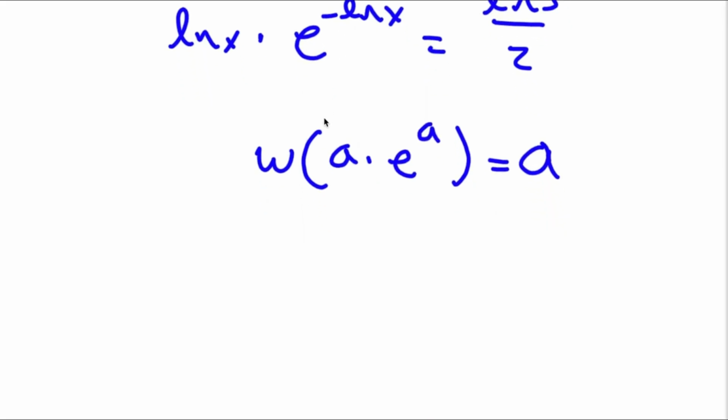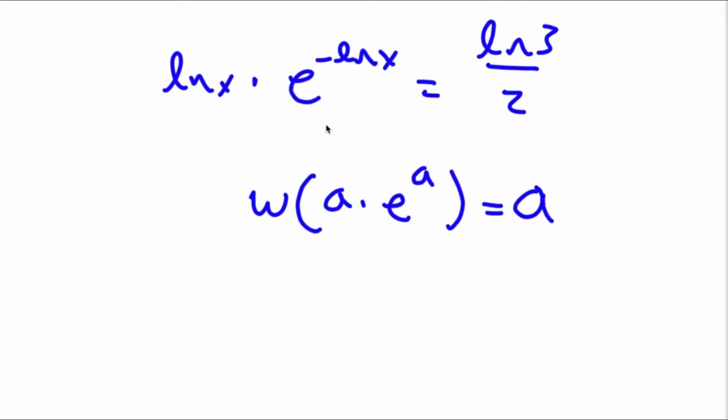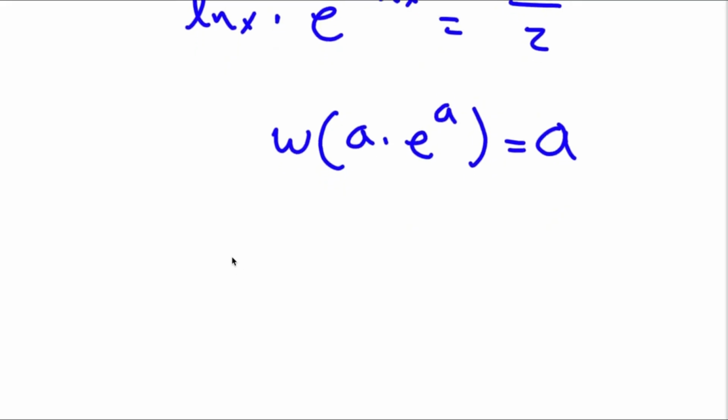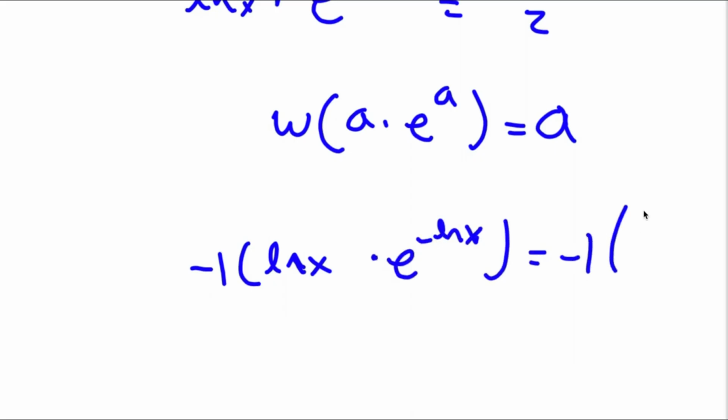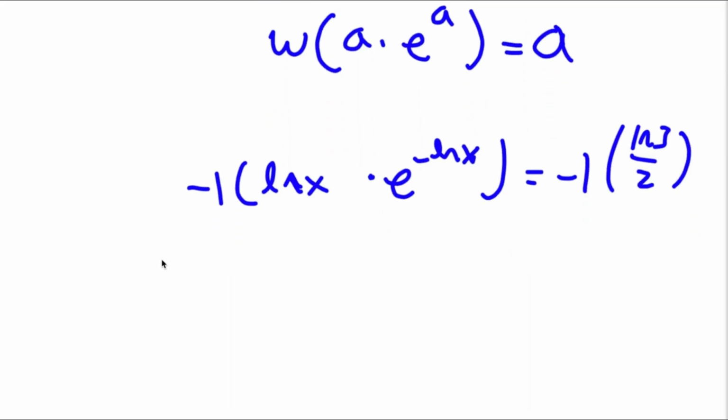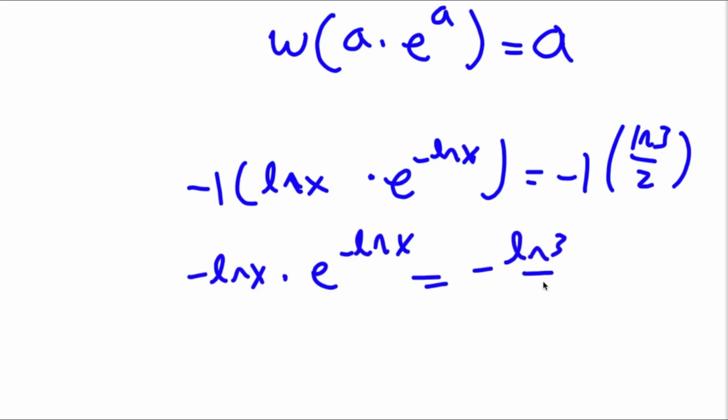So in this case, before that, I'm actually going to multiply both sides by -1. So now I have -1 times ln x times e to the power of negative ln x is equal to -1 times ln 3 over 2. This would equal negative ln x times e to the power of negative ln x is equal to negative ln 3 over 2.